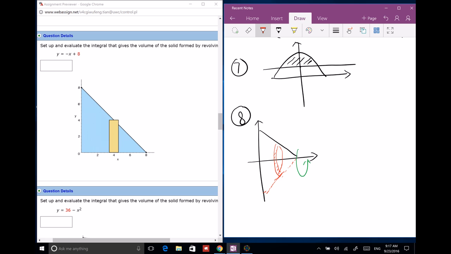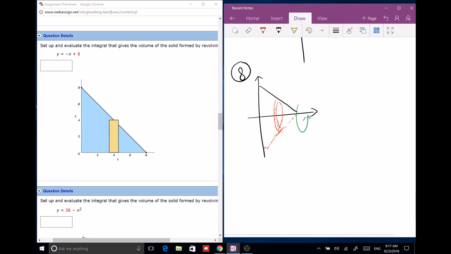So here, what method do you think we can use? Can anyone tell me? Shell method. Well, when you look at this picture, this rectangle here, do we still use shell method?